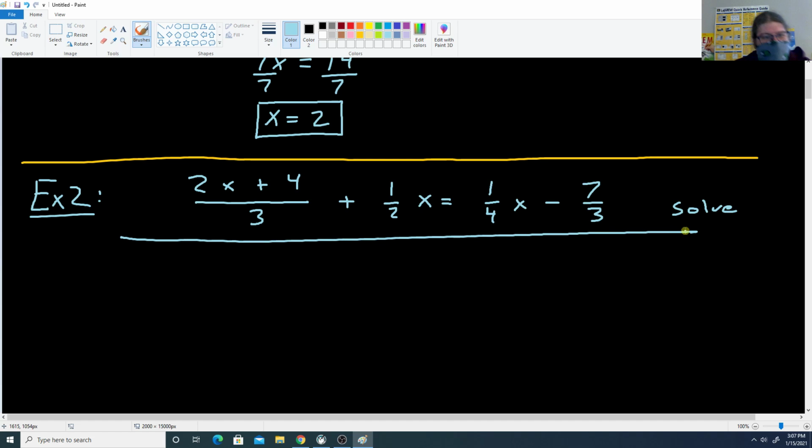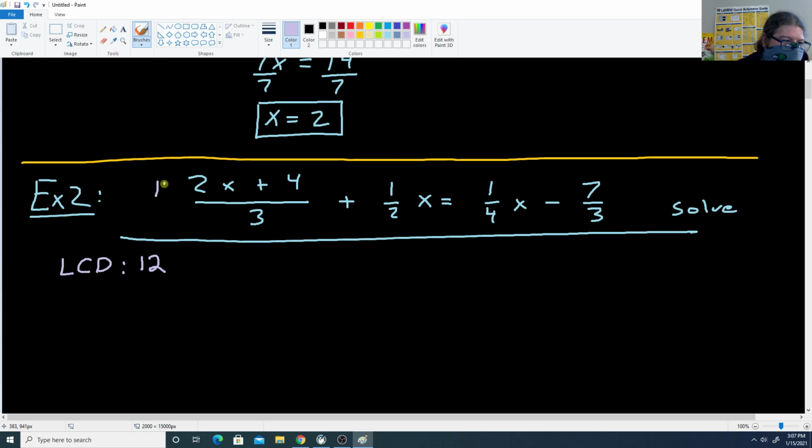And I don't want to solve this with fractions. So what we're going to do is find what's called the least common denominator. We're going to think what's the smallest number that 3, 2, 4, and 3 again will divide into. If we think about it a little bit, we'll come up with 12 is the smallest number that all of those numbers divide evenly into.